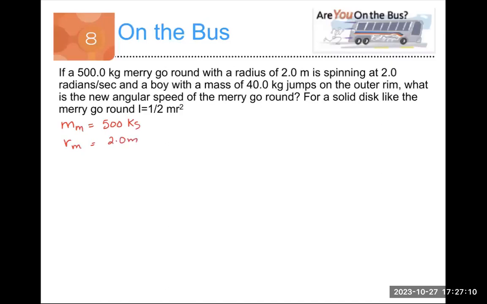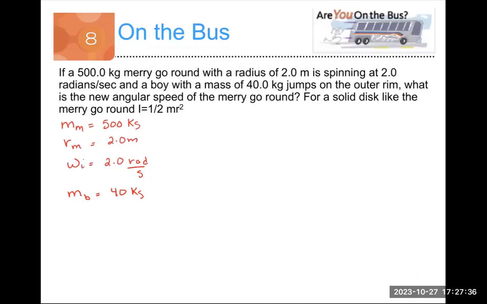It's spinning at 2 radians per second, so omega is going to be 2 radians per second. A boy with a mass of 40 kilograms, so we have the mass of the boy, jumps on the outer rim. What's the new angular speed?